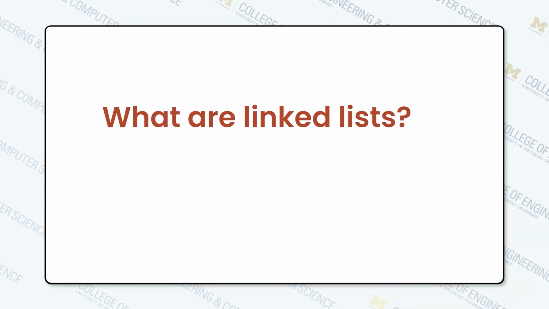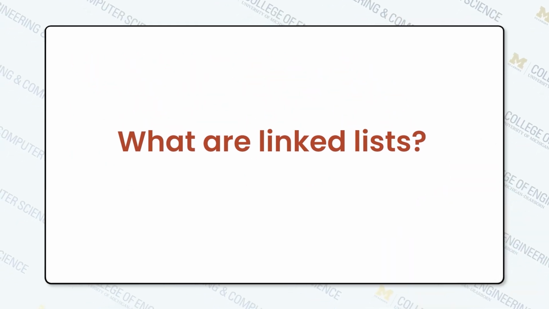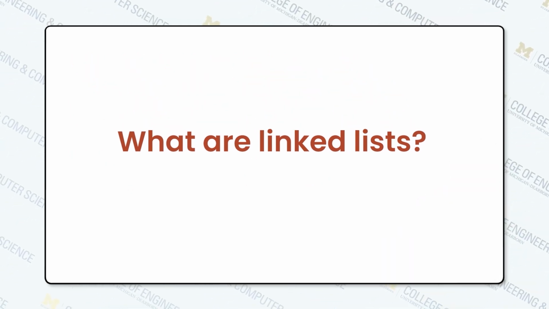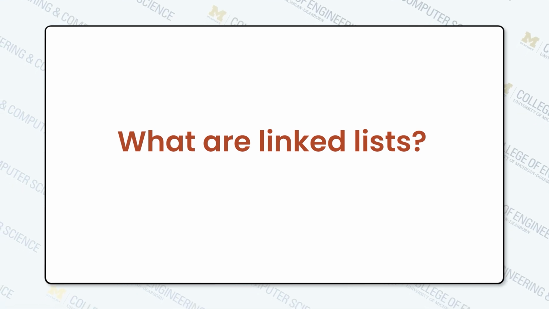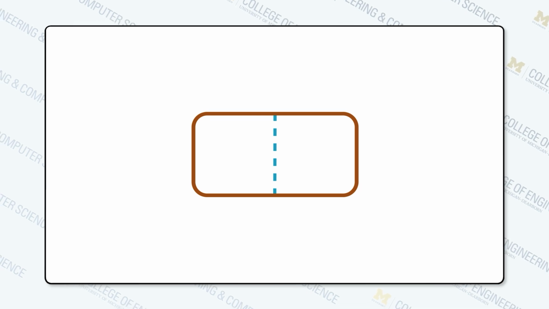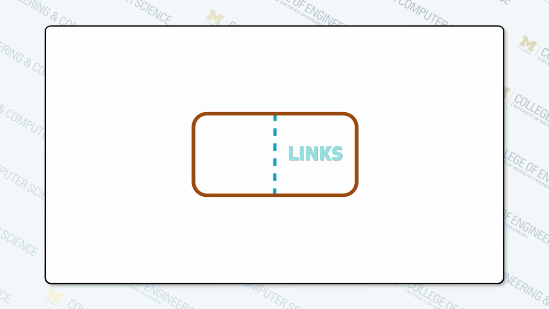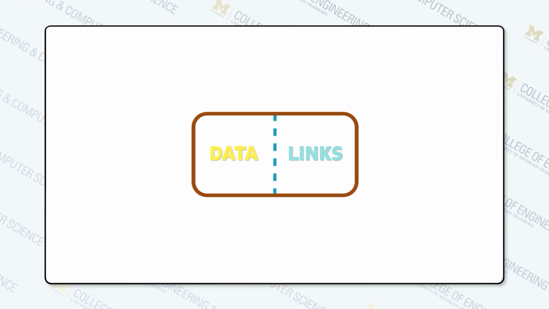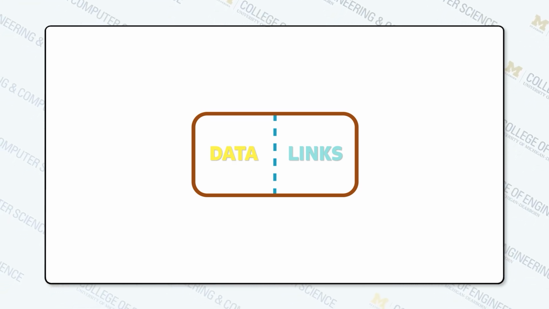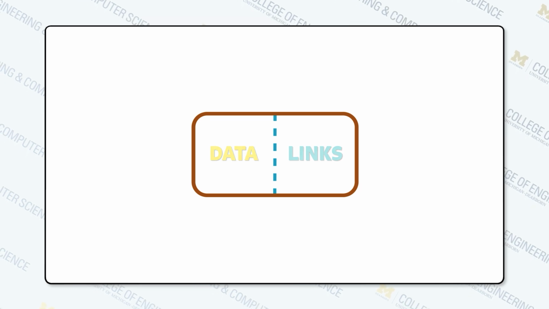So first, what are linked lists? Just as the name implies, linked lists are a type of list similar to an array or a vector. Typically, a linked list can have one or two links and some kind of data associated with it. This data can be of any data type: integers, strings, floats, you choose.